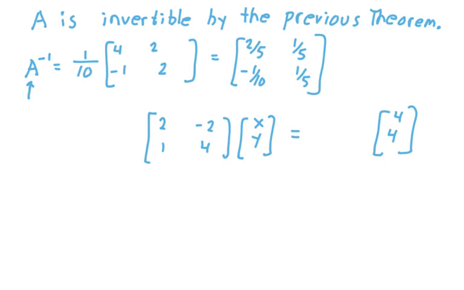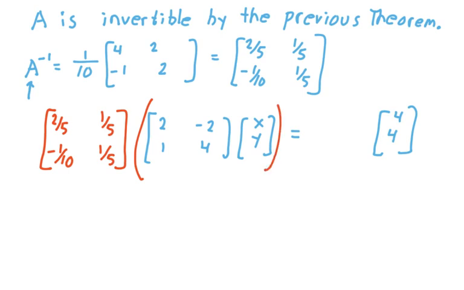Okay? So let's do this again. I'm going to multiply on the left by the matrix [2/5 1/5; -1/10 1/5]. Okay? So I'm multiplying on the left by that matrix. And if I do it to the left, I got to do it to the right. So I'm going to multiply [4; 4] by the matrix [2/5 1/5; -1/10 1/5]. Just like this.